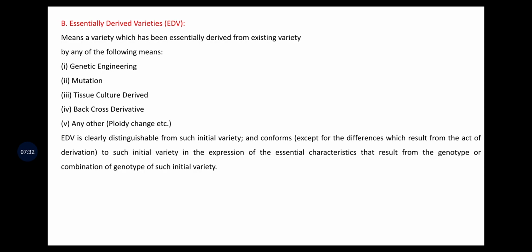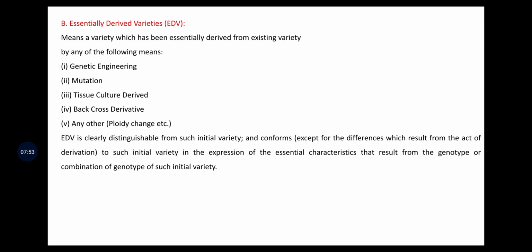Essentially derived variety: the variety which has been essentially derived from the existing variety by any means like genetic engineering, mutation, tissue culture derived, backcross derivation, or any other. That means by using special techniques, an already developed variety or hybrid is improved.